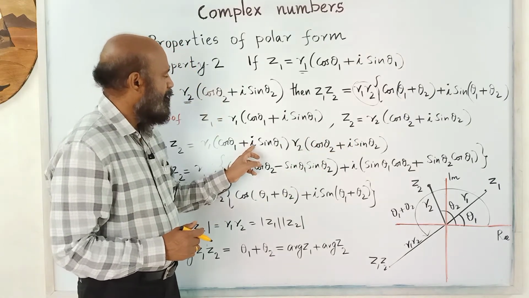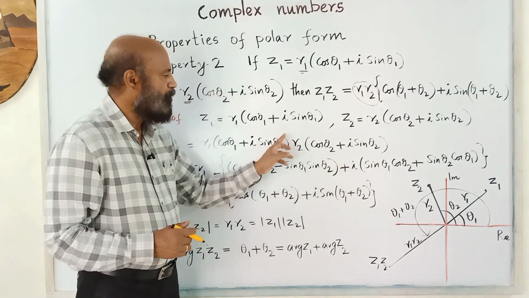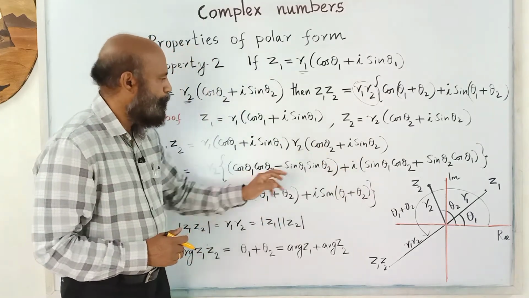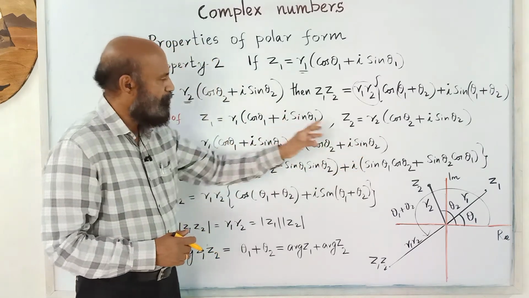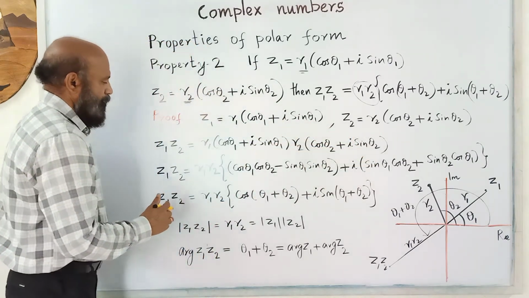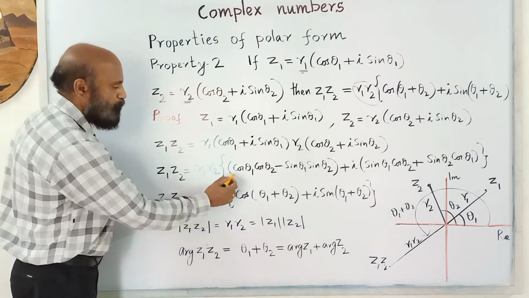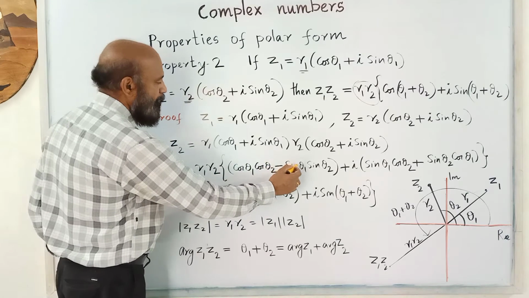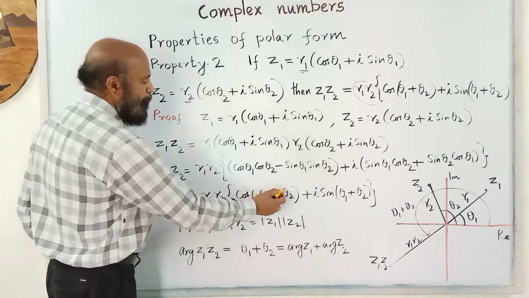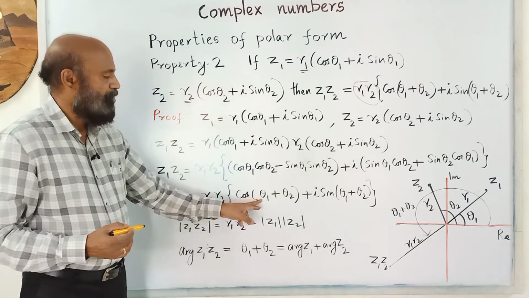Next, i sin theta 1 cos theta 2 plus i sin theta 2 cos theta 1. Then r1 into r2, this is of the form cos A cos B minus sin A sin B. So it will be cos A plus B.